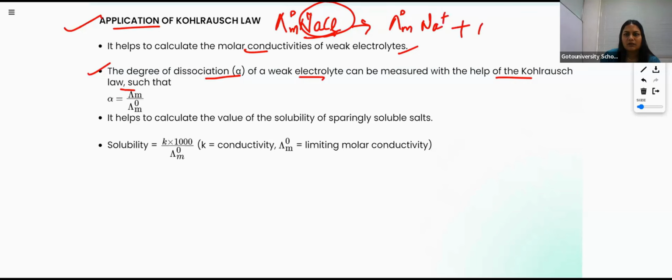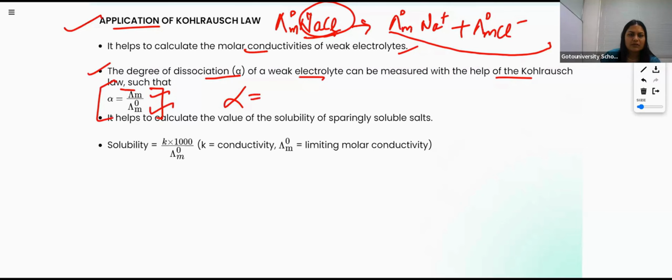Into cation and anion, right? So to what extent these cation and anion dissociate, we can calculate their degree of dissociation by dividing the molar conductivity by its limiting molar conductivity, right? The degree of dissociation is represented by alpha, that is the molar conductivity divided by the limiting molar conductivity, that is, the molar conductivity at 0 concentration, right?